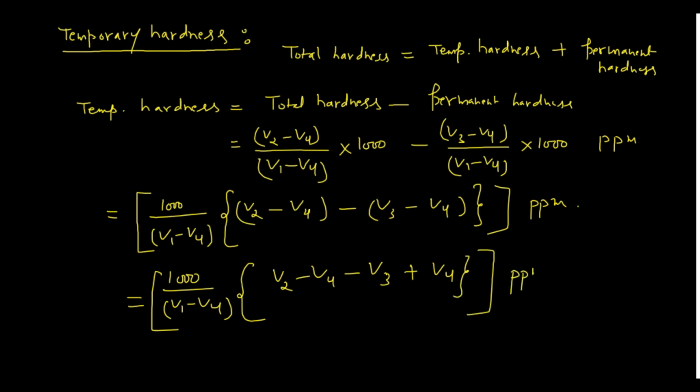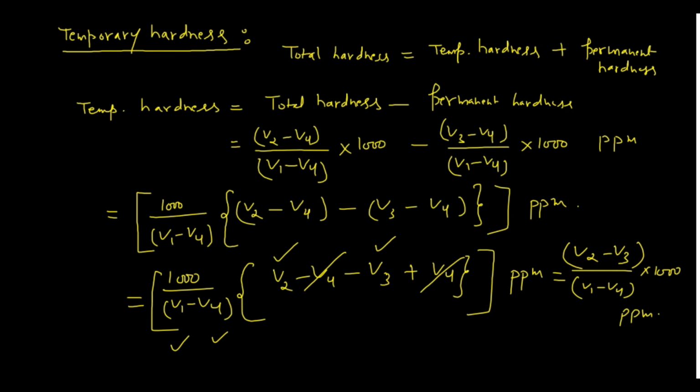Then your V4 gets cancelled and your final expression is what you are left with: V2 minus V3 in the numerator, and in the denominator V1 minus V4, multiplied by 1000, this much ppm.